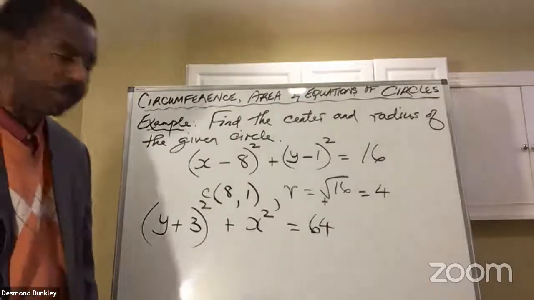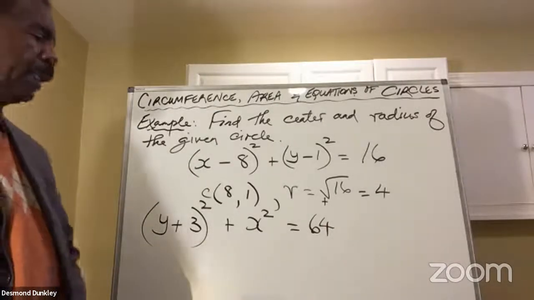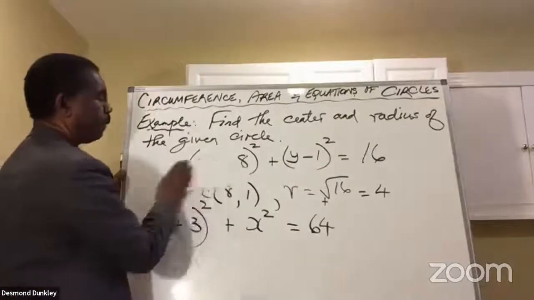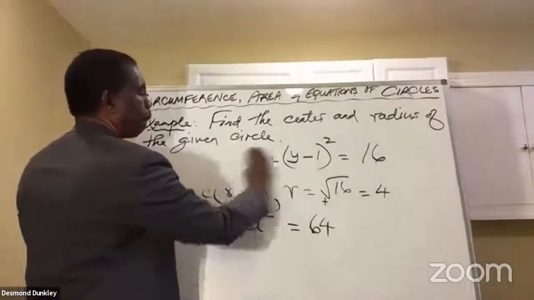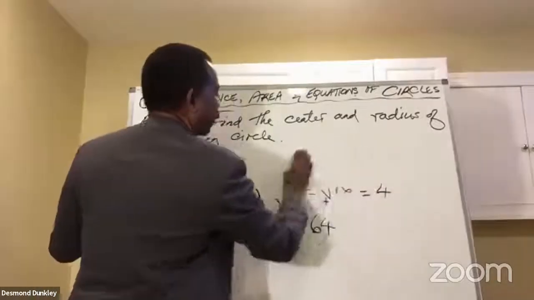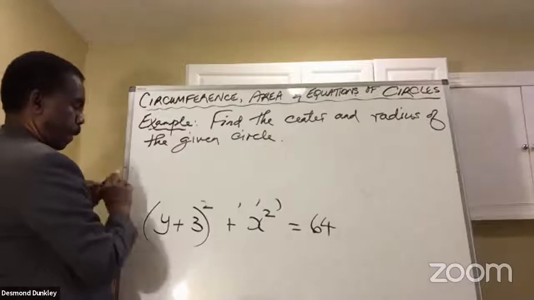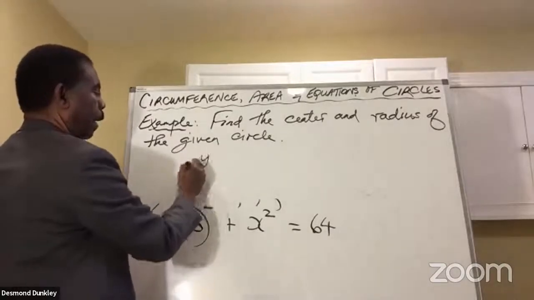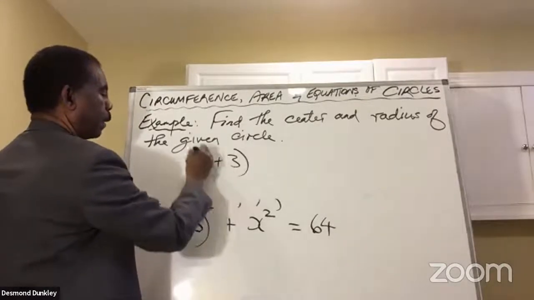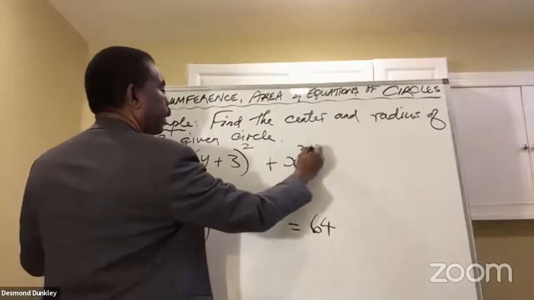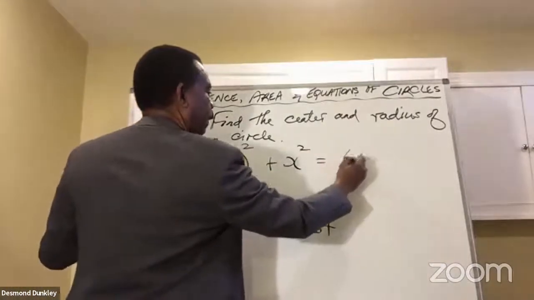Okay. Y plus 3 squared. You know what? So that is not as crowded, let me put it up here. It looks a little crowded right now. Y plus 3 squared plus x squared equal to 64.